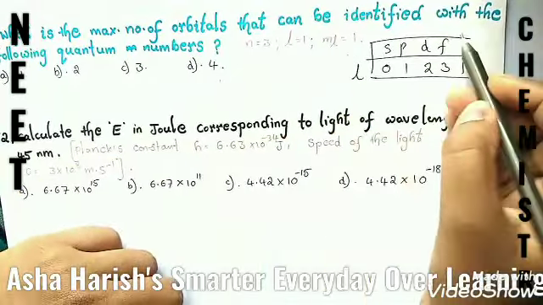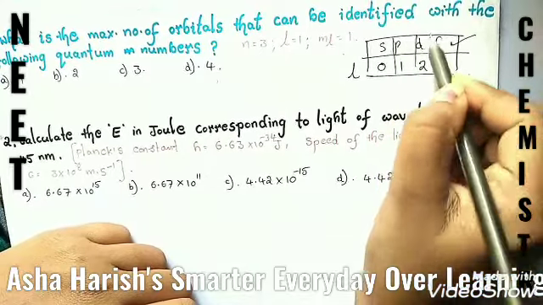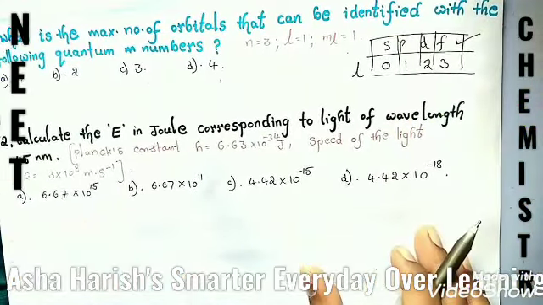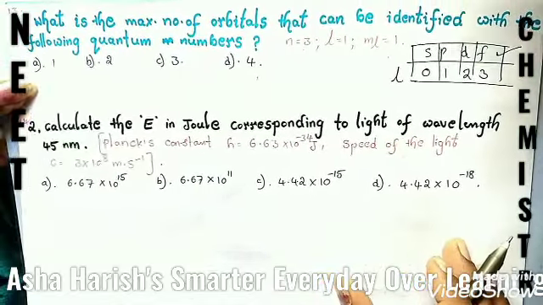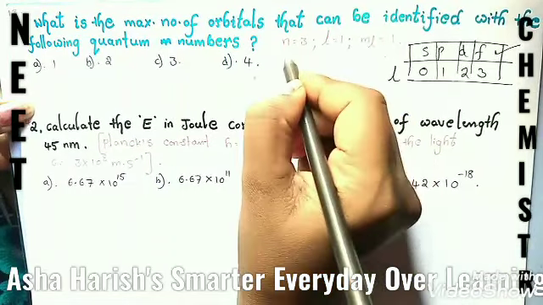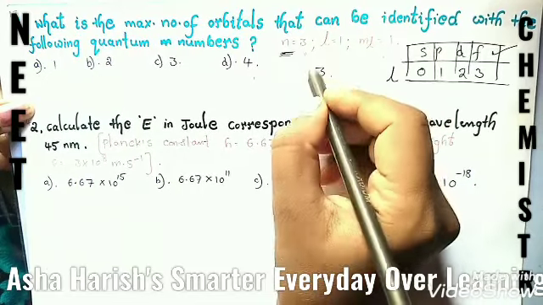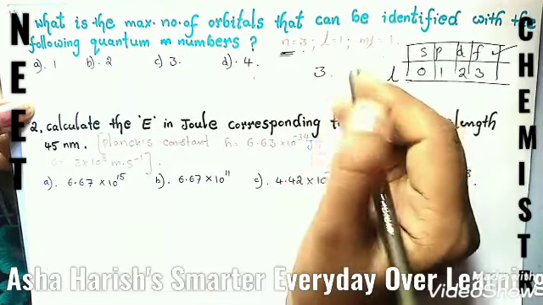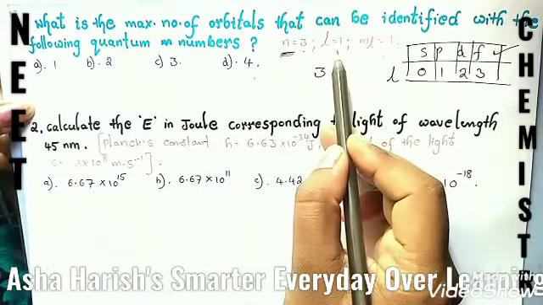These are the l values and these are the types of subshell. Suppose n is equal to 3, given in the question. For that, the principal shell is 3, if n is equal to 3, and the l value is 1 here.